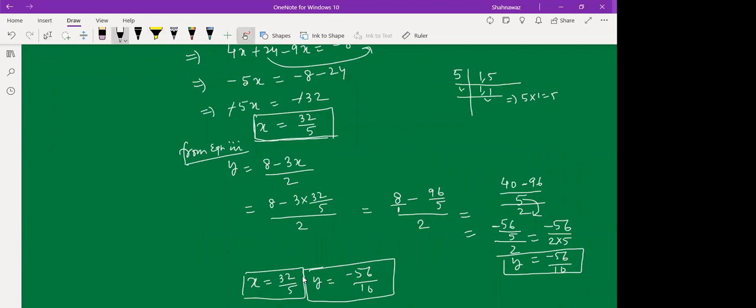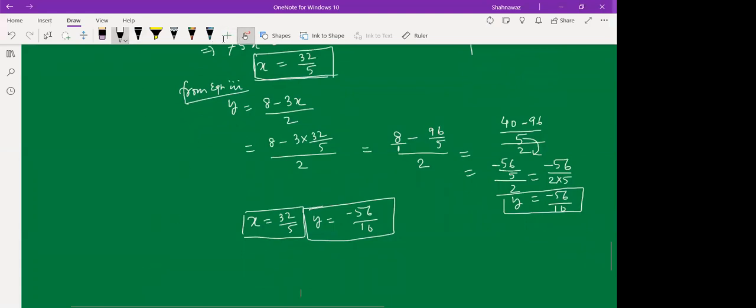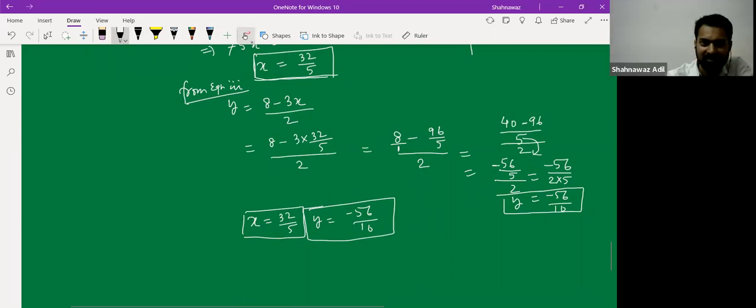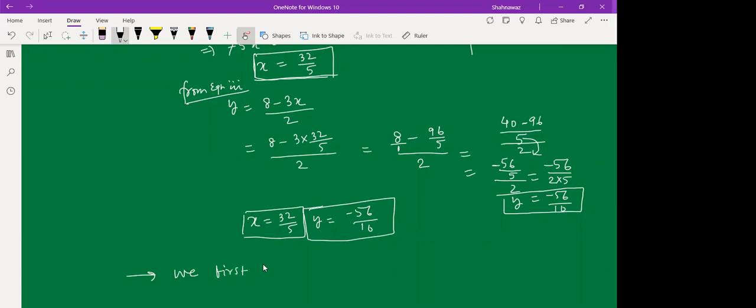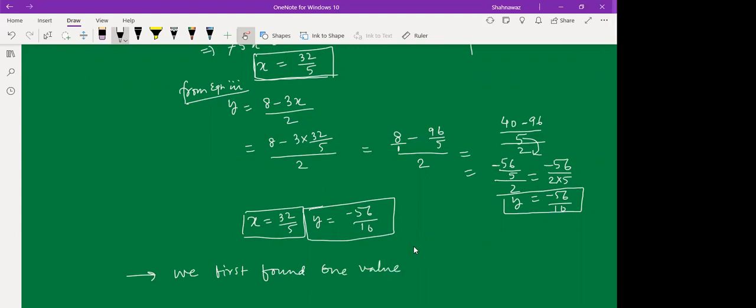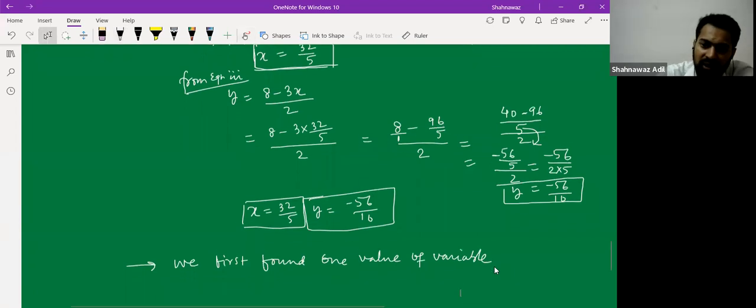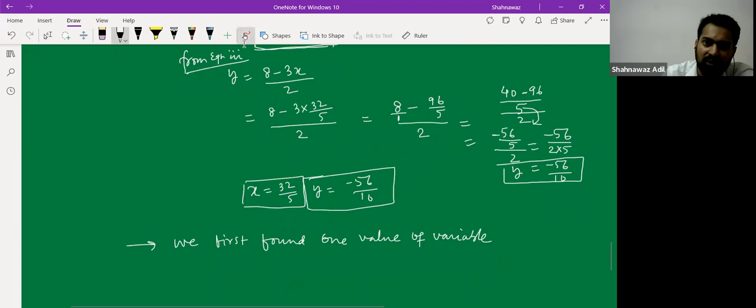So what did we do? We first found one value of one variable, and then we put that value in the second equation.